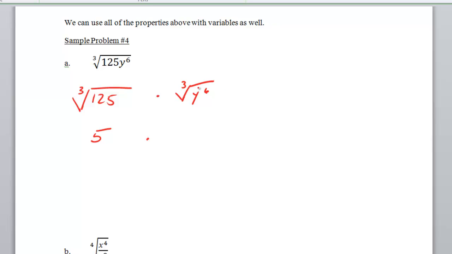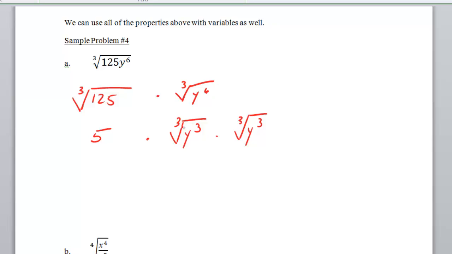However, I have two sets of 3's underneath the radical, so I can actually break the y to the sixth up and try to get it down into 3's or powers of 3. So what I'm going to do is take the cube root of y to the 3 and then the cube root of y to the third power again.